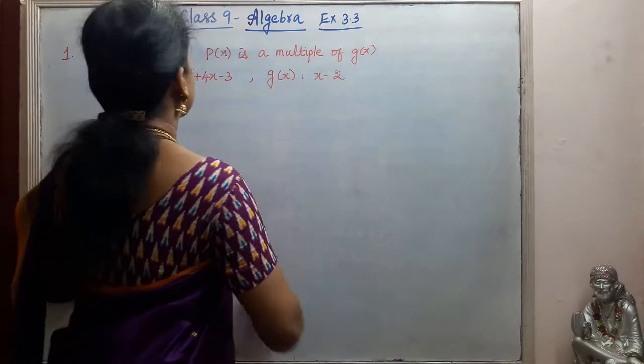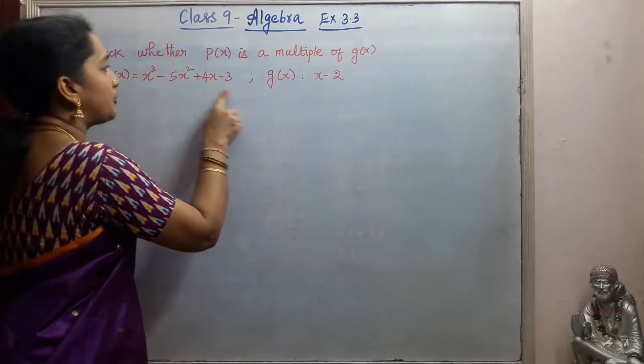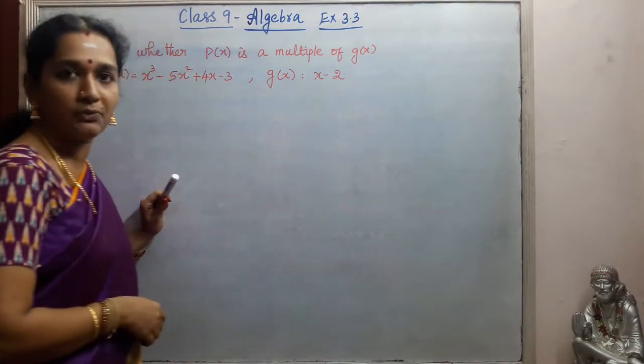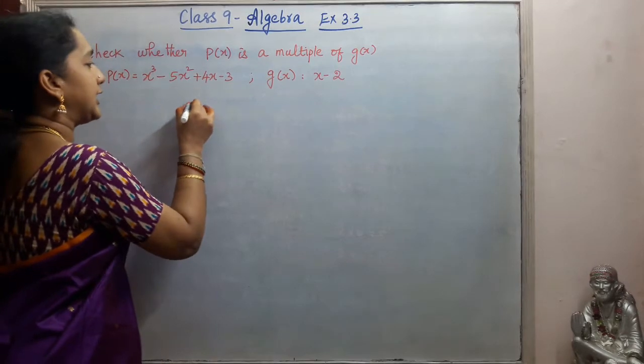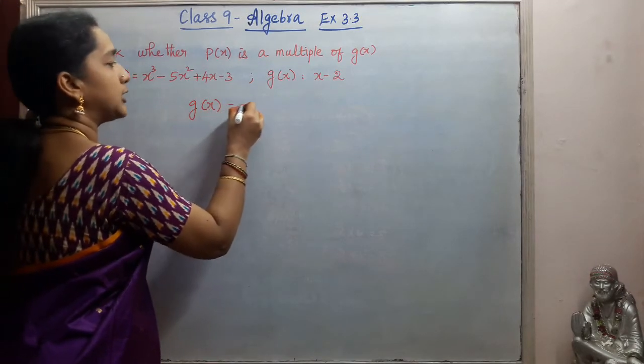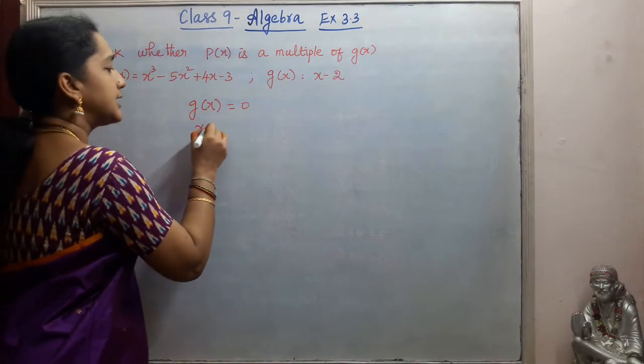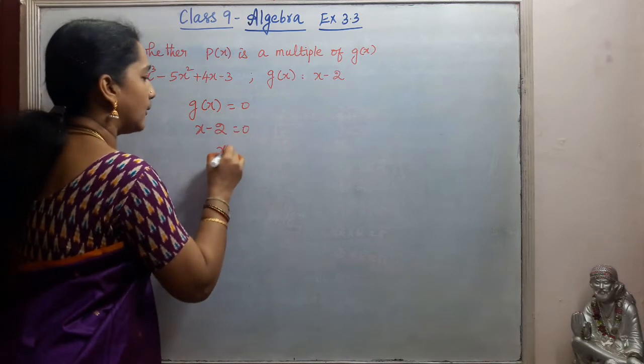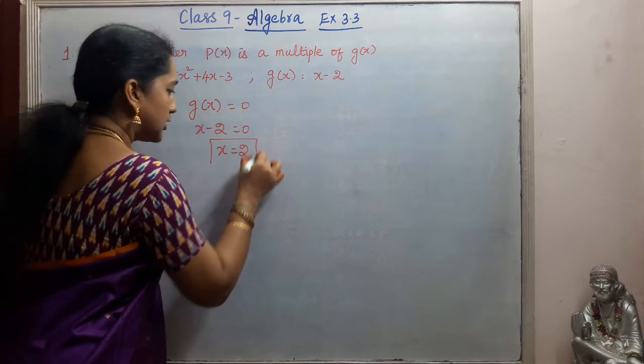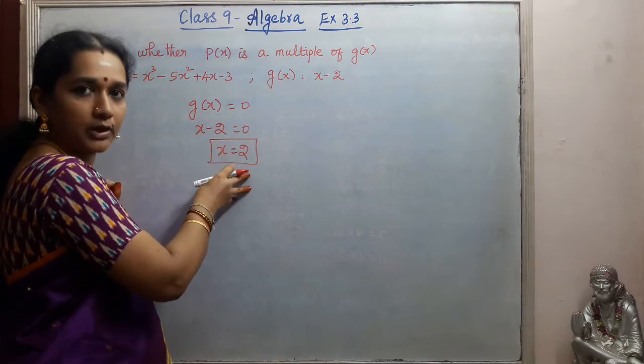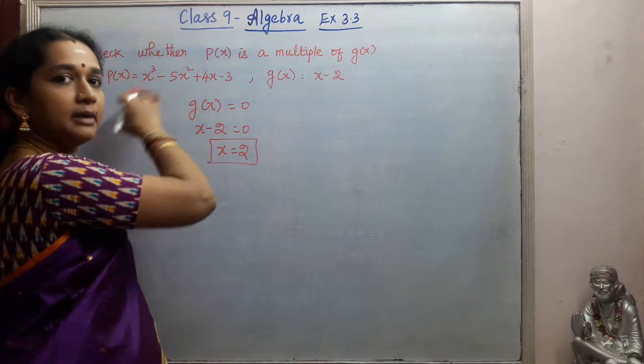Here, we are asked to check whether this p of x is a multiple of g of x. First we will take g of x equal to 0, that is x minus 2 is equal to 0. So x is equal to 2. We will substitute x is equal to 2 in p of x.